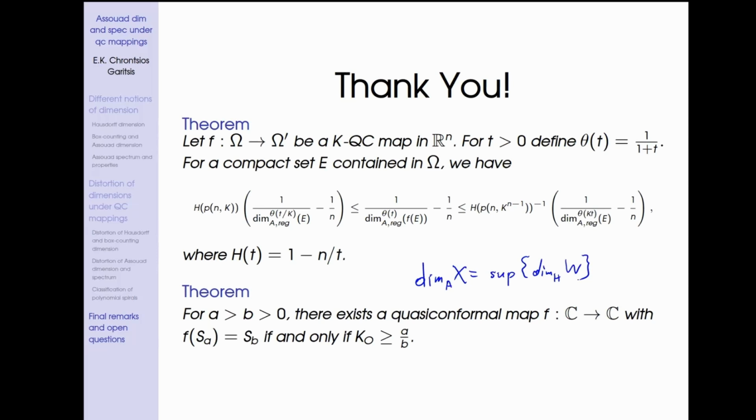And what about the Assouad spectrum? Can you also find a similar definition? For the spectrum, I would imagine that things are a bit trickier because of the relation of the scales.